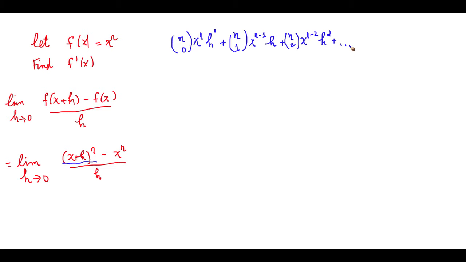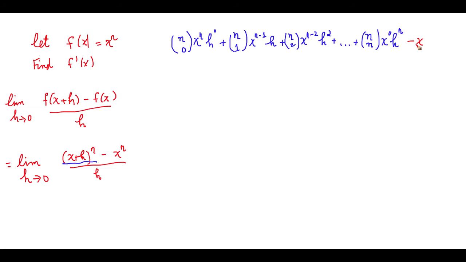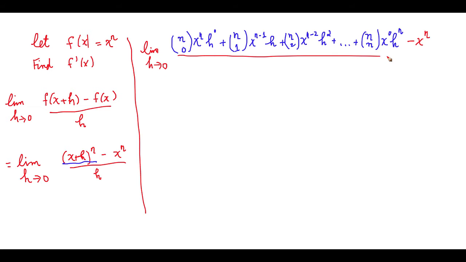So I'm just going to say dot, dot, dot here. Wherever it stops, eventually we're going to end up with n choose n, x to the 0th power, h to the nth power. And we still, of course, have this minus x to the n at the end here. And what we're doing here, let me just draw a line here, we're taking the limit as h approaches 0 of this expression all over h.